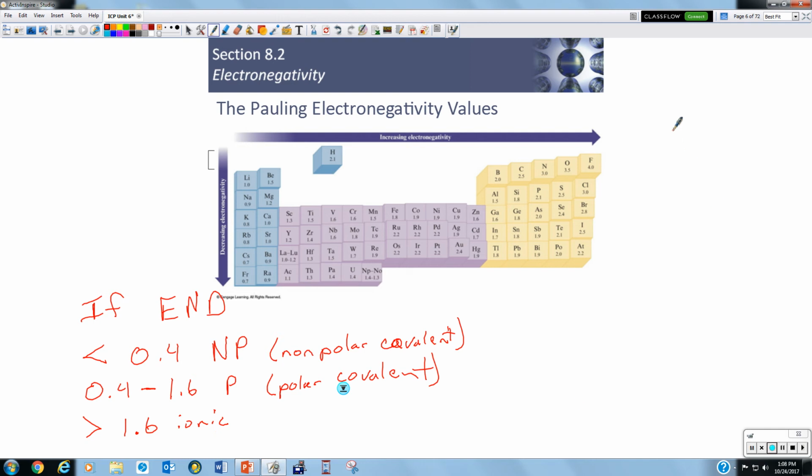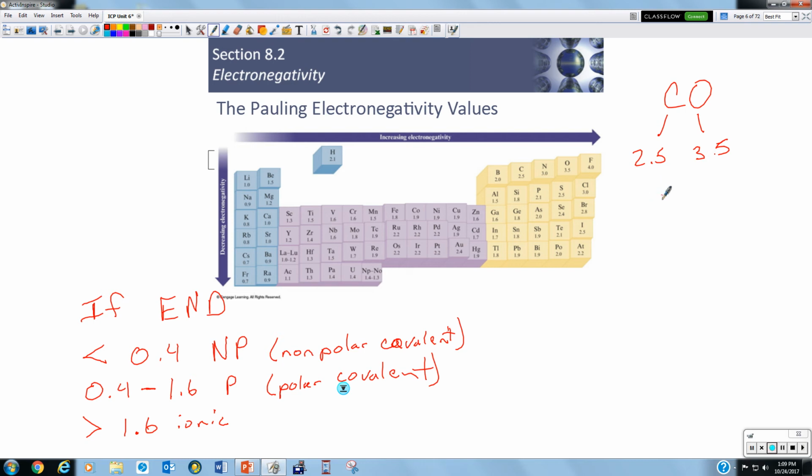So for an example, if we look at carbon monoxide, CO, looking at the electronegativities, carbon has an electronegativity of 2.5 from our table, and oxygen has an electronegativity of 3.5. This is going to be one of those that kind of messes up the scale.